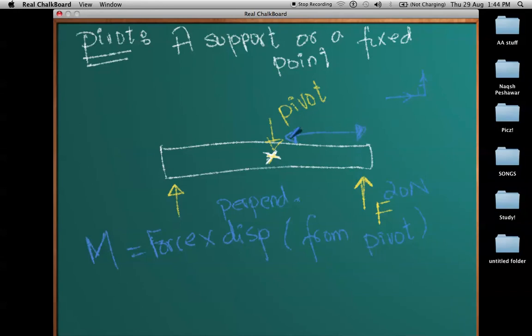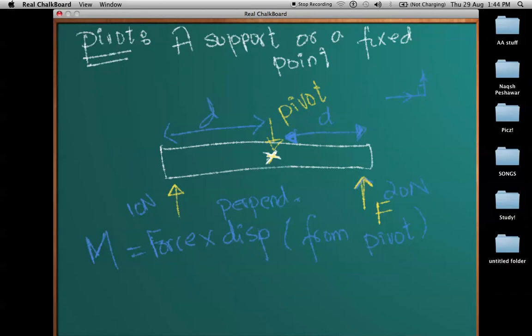So I would simply multiply this force with this displacement here, and it would give me the moment of this force, the turning effect that this force has on this block. And similarly, if I multiply, let's say this is 10 newtons, this force with this distance, I would simply get the moment of this force.